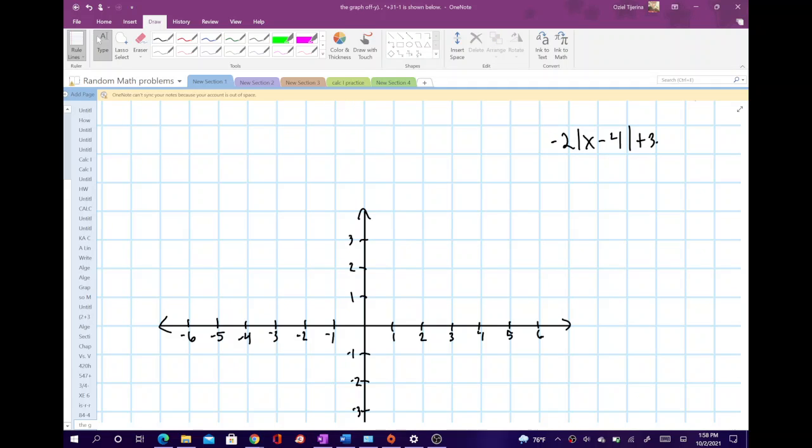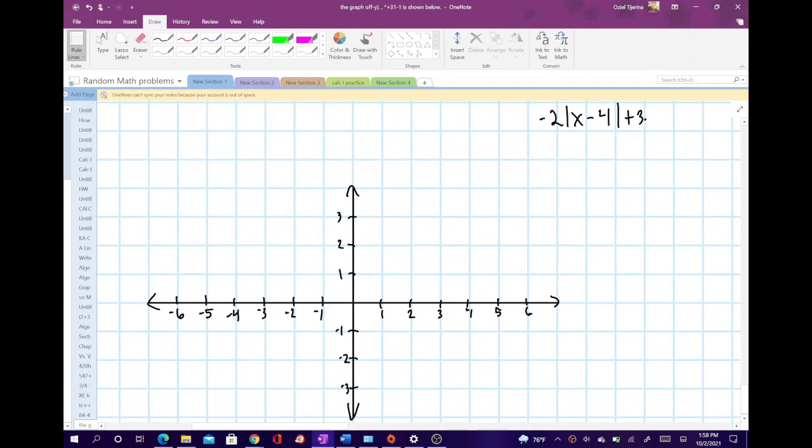To graph this function, you first want to determine your vertex. Again, x minus h plus k. H equals 4. K equals 3. Right? So the vertex is at 4, 3.